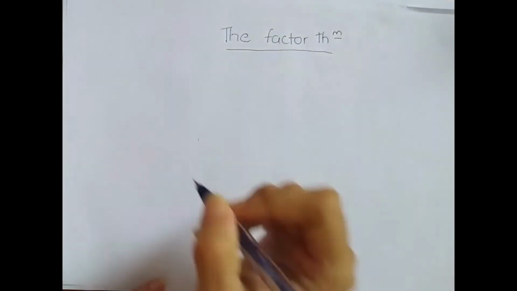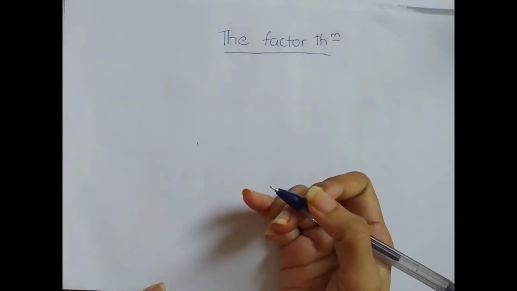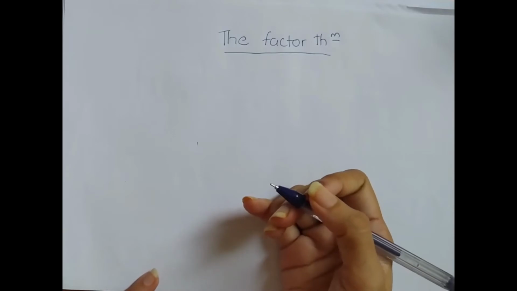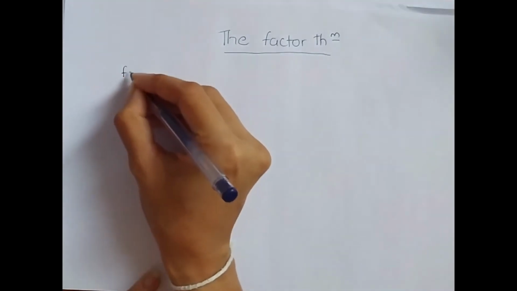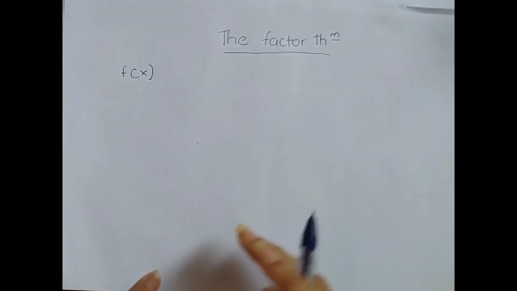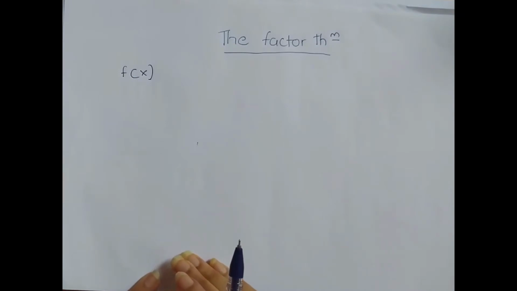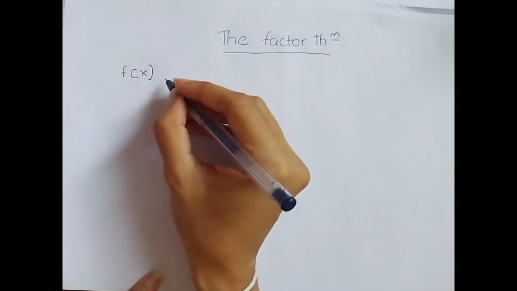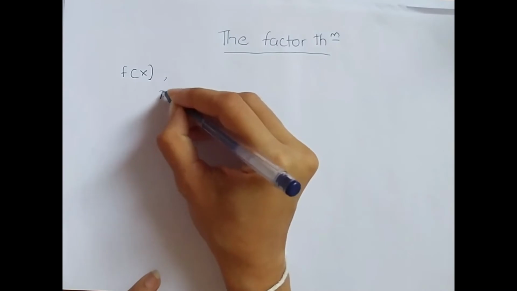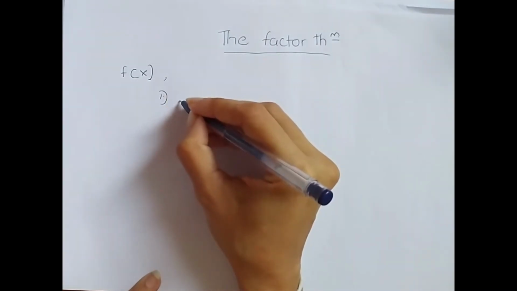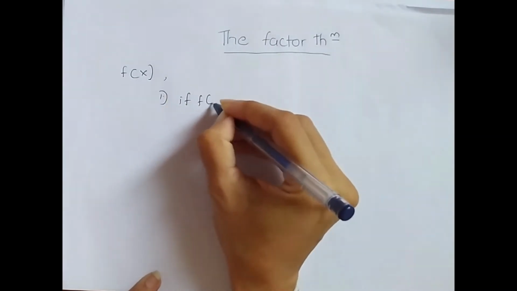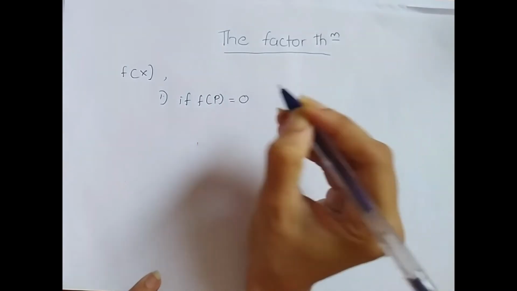If I write in words, it says: if f(x) is a polynomial, and first one, if f(p) equals 0.